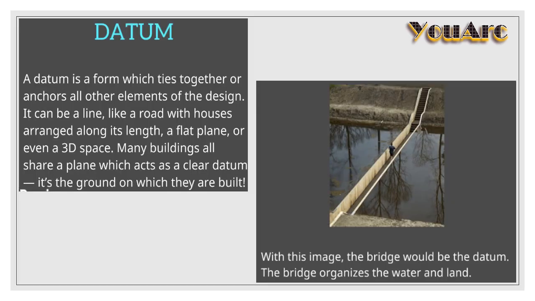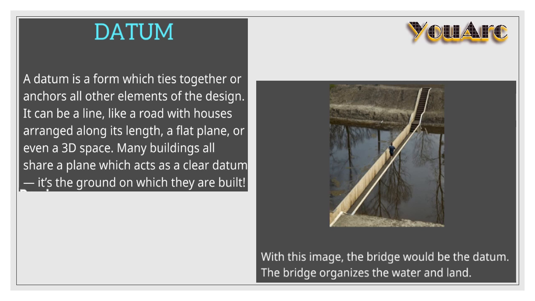So let's make datum very simple. Let's consider a flat ground on which all the houses are placed. So the ground, the plane, it is a datum. Why? Because datum is a form that can be a plane, a line or volume that ties together all the elements of the design.